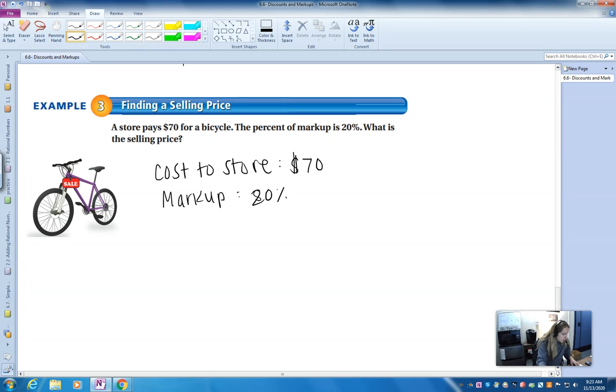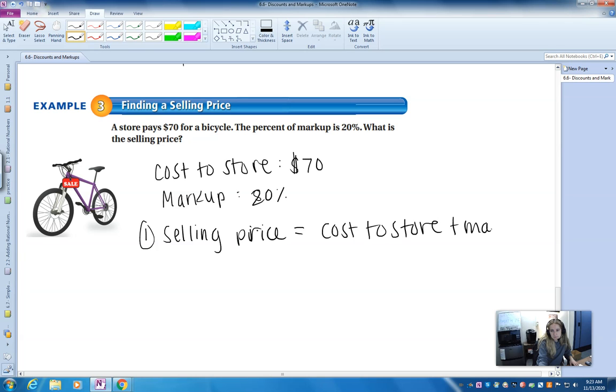Okay. So what we need to know, so the selling price equals cost to store plus the markup. But you need to find out what 20% of 70 is. So in order to do this, we're going to find out what is 20% of 70 because that's how much we need to add to 70.